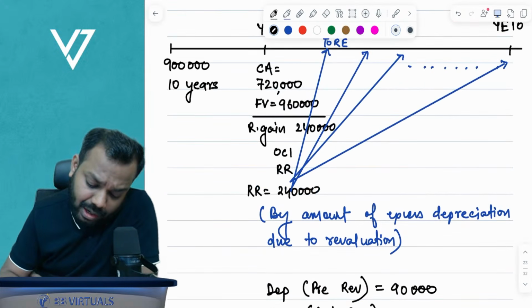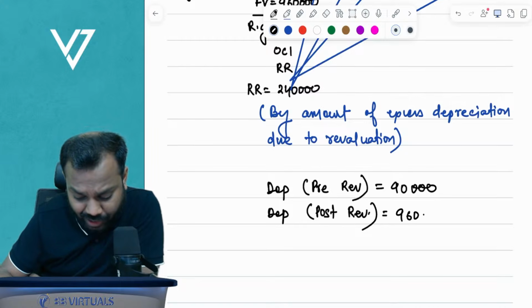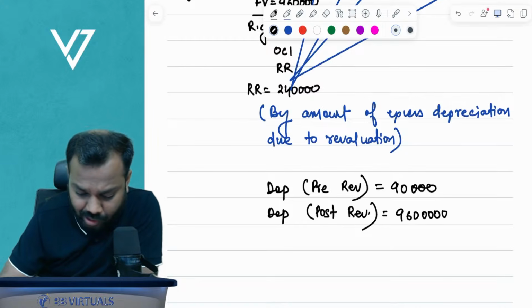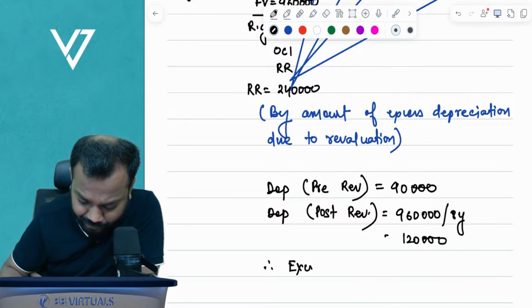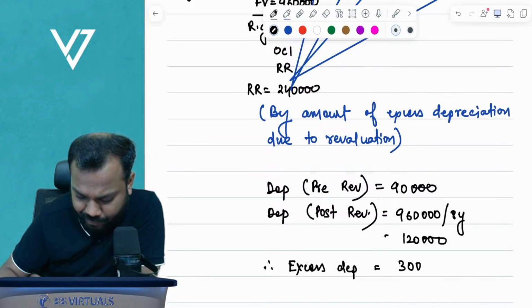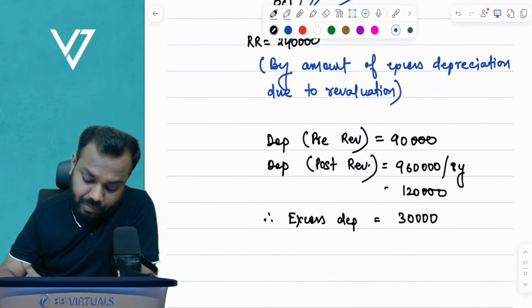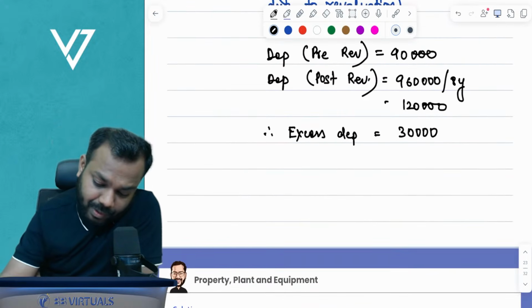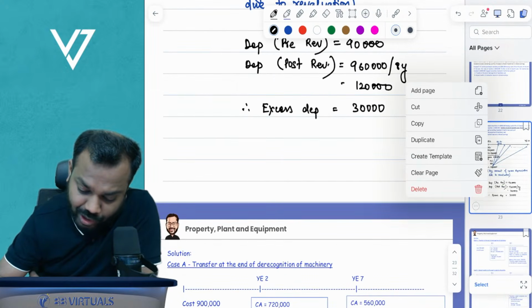It is 960 by 8, 120,000. 960 is the fair value, divided by life of 8 years, it is 120,000. So excess depreciation is 30,000. Let me show in the extract of financial statements how it will look.